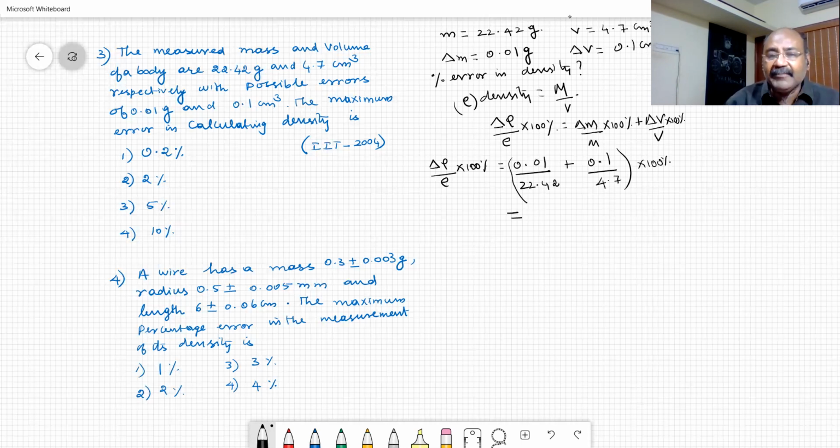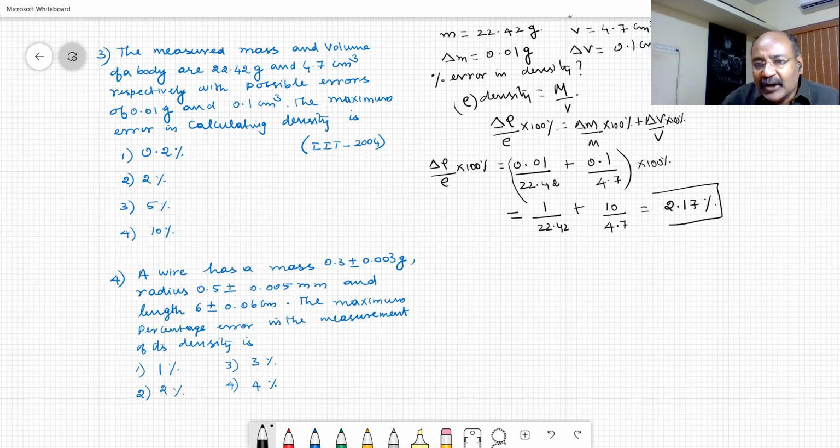When you multiply with 100, you will get 1 divided by 22.42 plus 10 divided by 4.7. On simplifying, you will get the answer as 2.17%.